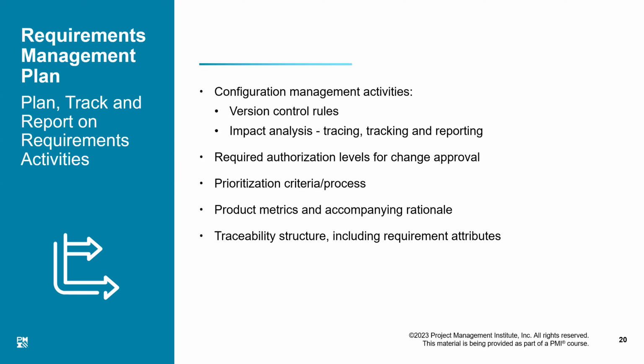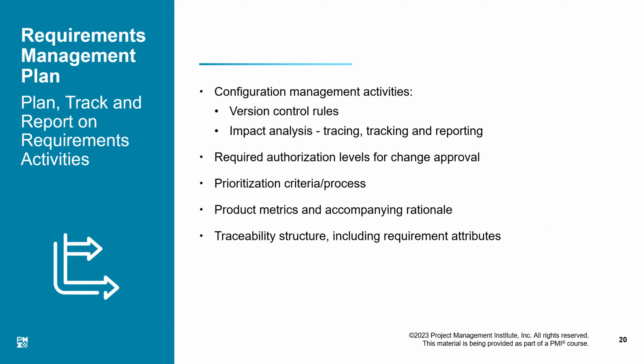Okay. So the requirement management plan basically is concerned with the planning, tracking, and reporting on the requirement activities. That means the traceability matrix is maintained and we keep track of all the requirements we have already gathered.